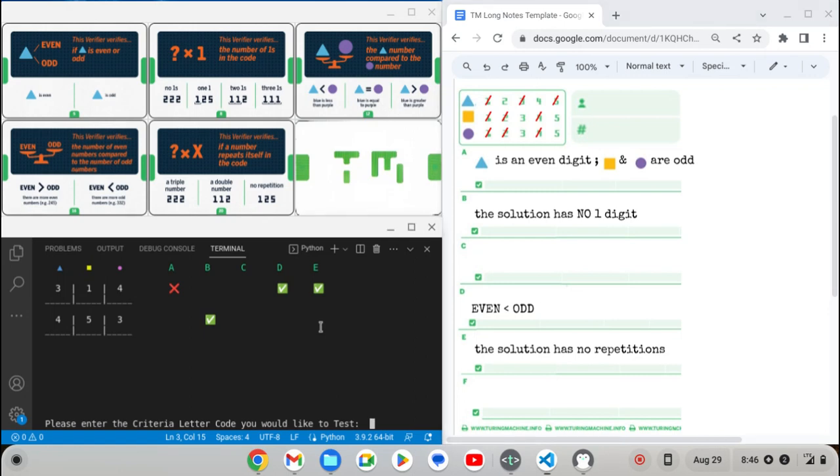So let me test C. What? Okay, now I'm really confused. Well, it worked out. So what is it that, oh, you know what? I was comparing triangle and square towards the end instead of triangle and circle.